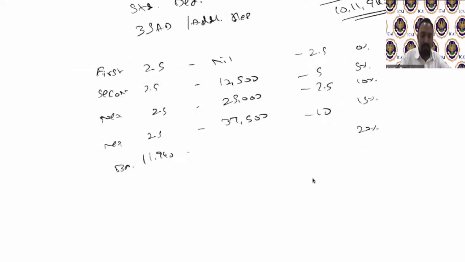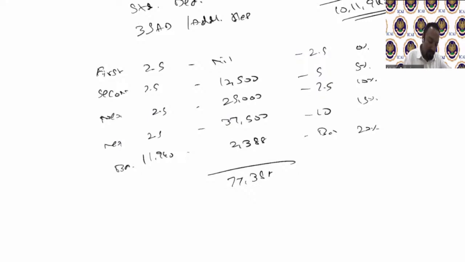So for the balance 11,940, what percentage do you apply? You will have to apply 20%. So that will be 2,388. So now the total will be 77,388.